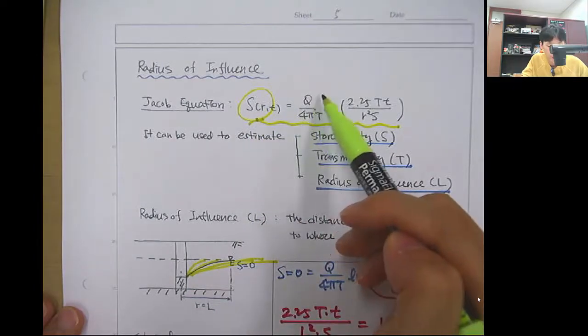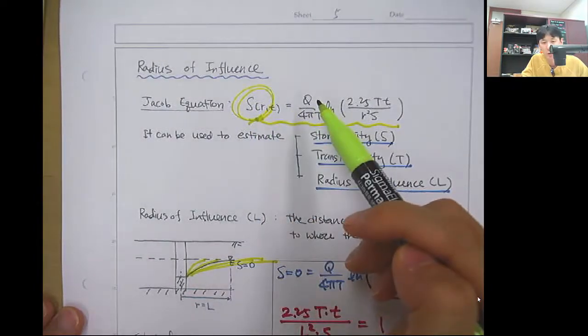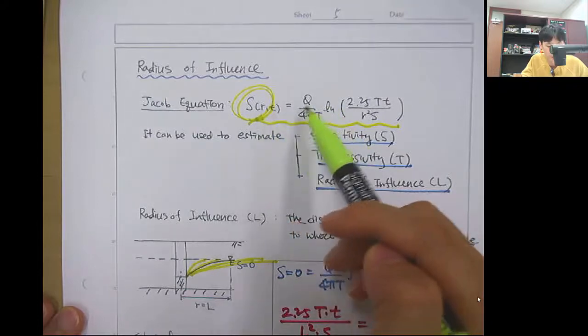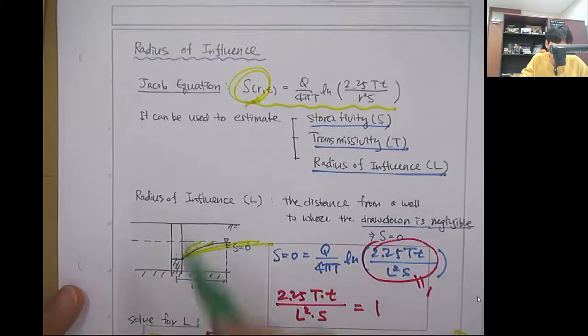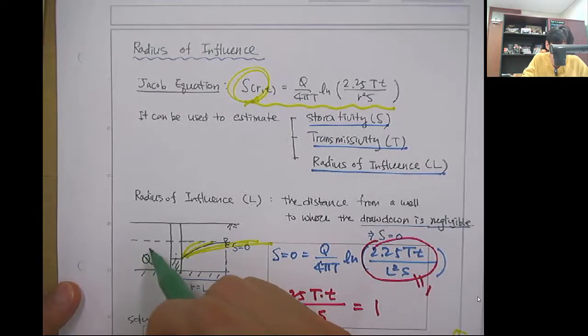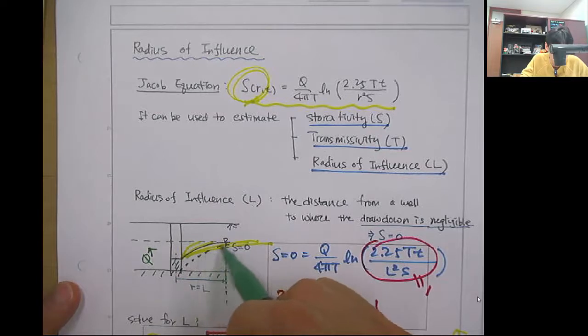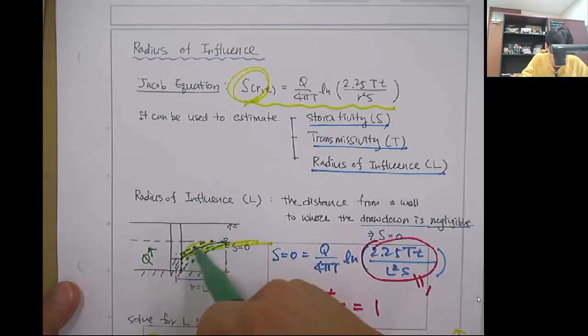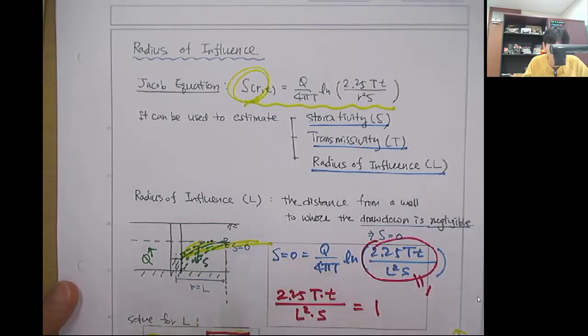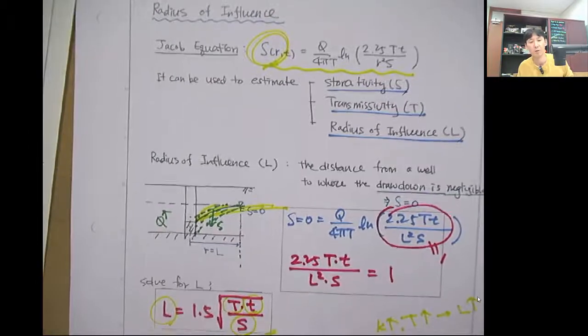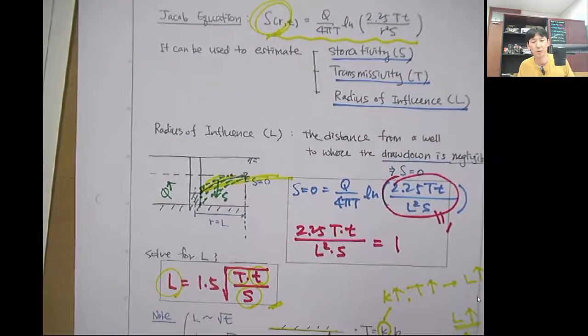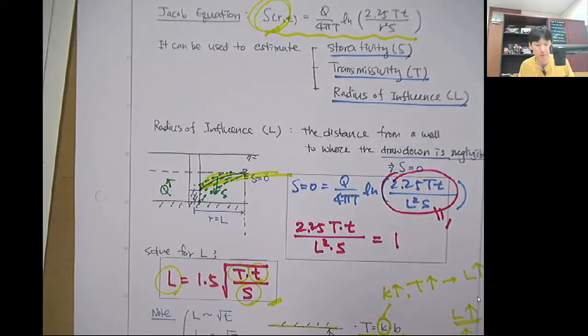So as the Q increases, the drawdown increases. There's a linear relationship between them. So the influence radius L will be fixed, not affected by Q, but as Q increases, there is more drawdown. So this drawdown will decrease further below as the Q increases.